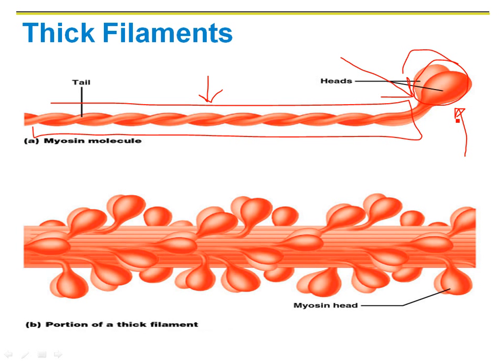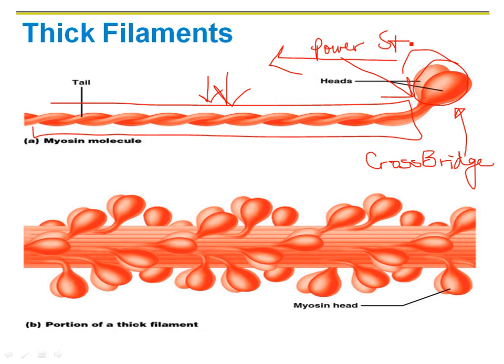If you allow it, myosin will bend at its tail, its heads will form a bond with the thin filament called a cross bridge, and then that head will pull in that direction. It'll grab the thin filament and pull on it to move it, and that movement of its head is called a power stroke. And that's what's special about myosin.